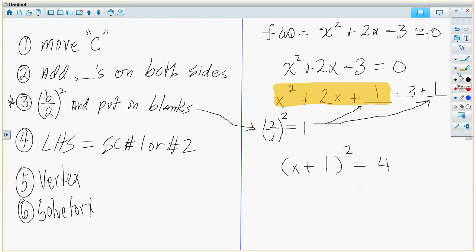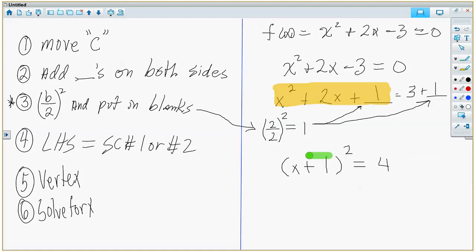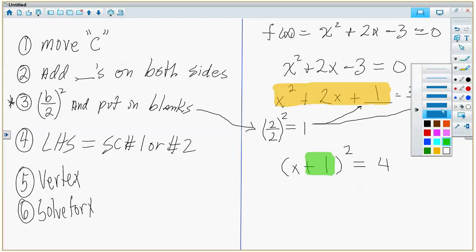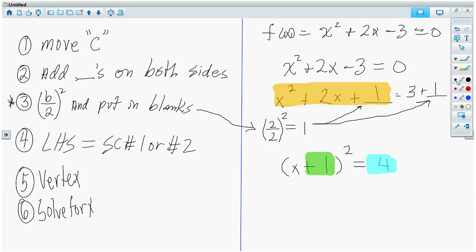I'm going to take my green highlighter, and I'm going to highlight this, because there's your H. And I'm going to take my aquamarine, and there is my K.